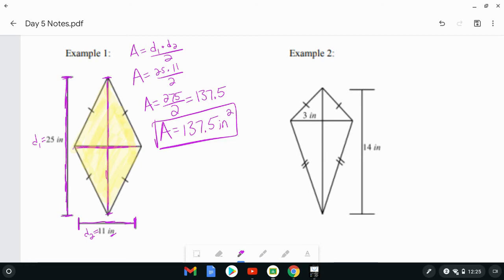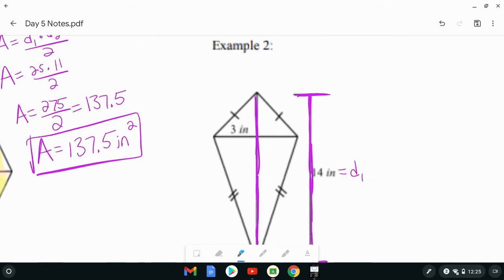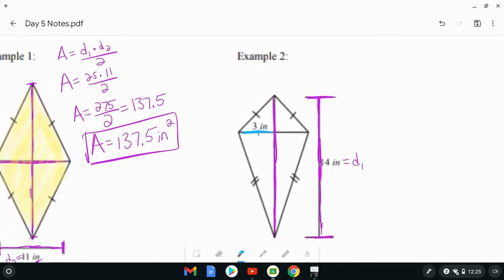All right, let's check out example 2. For example 2, the big measuring stick out here, they're giving us the vertical diagonal. So inside, we know this one. That's going to be D1, which is 14 inches. On the inside, though, notice this time there's no measuring stick out there. So this 3 inches is only halfway across the kite, okay?